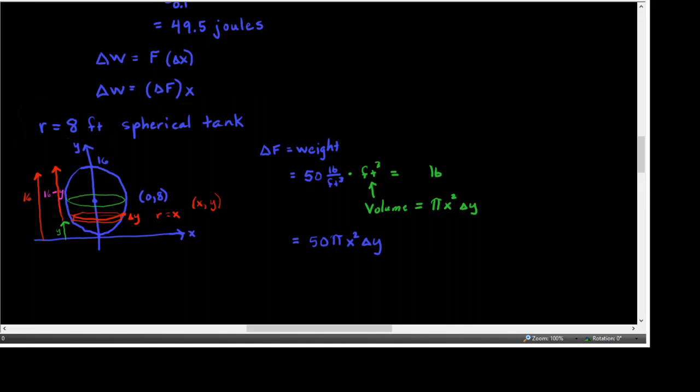And so let's go back to my picture for a second. The center of that circle, and of course this is just a cross section of the tank, but the center of that circle, which is the center of the sphere, is at 0, 8, because we put the bottom of it at 0, 0. And so what is the equation of a circle?